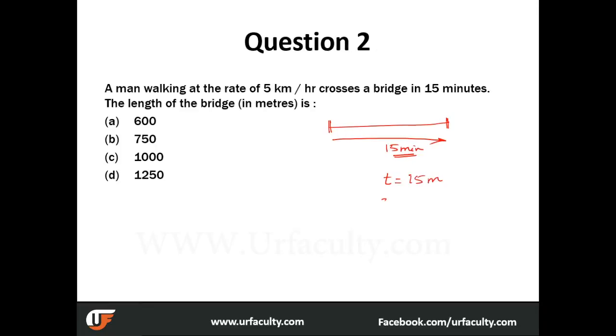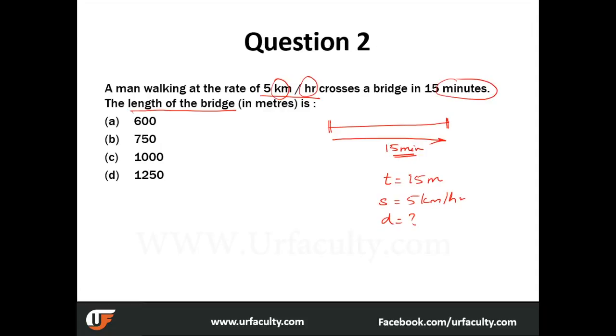You have been given speed, which is 5 km per hour, and they are just asking you for the distance, which is shown in another format as the length of the bridge. It's the same as your distance, because that's what he's traveling during that time with the speed of 5 km per hour.